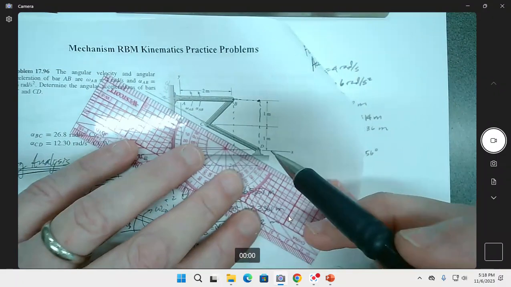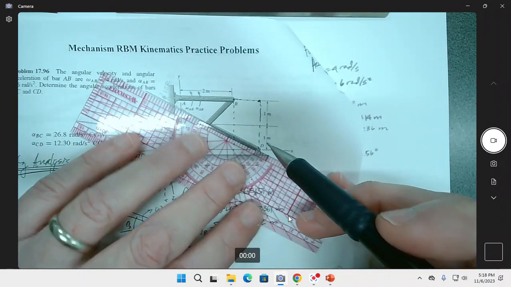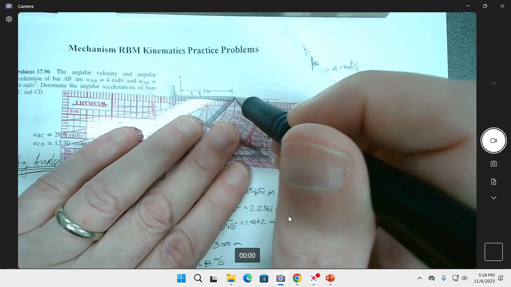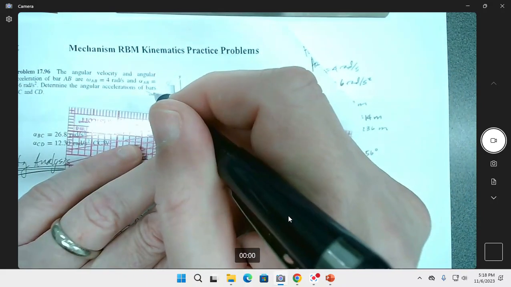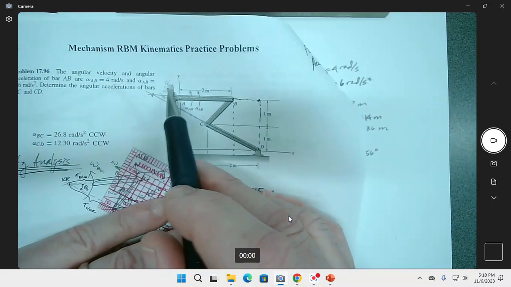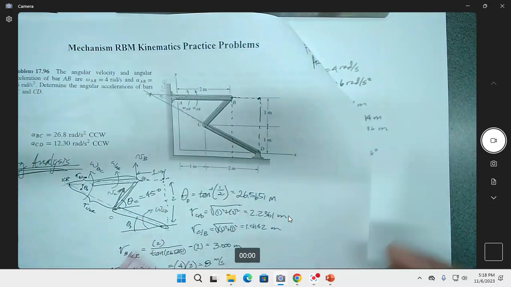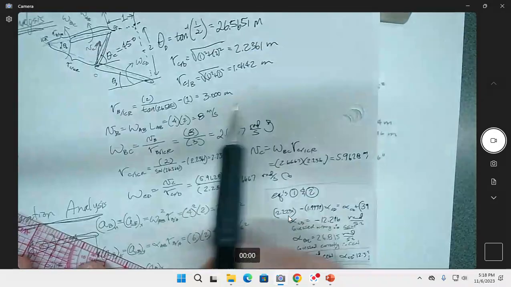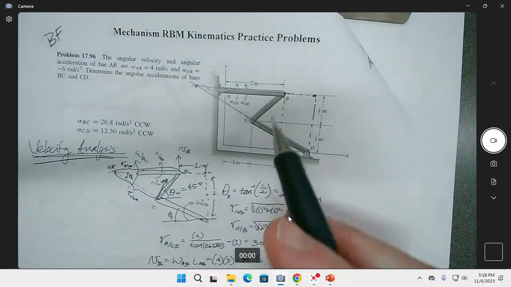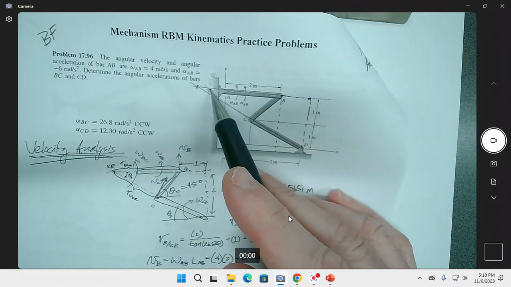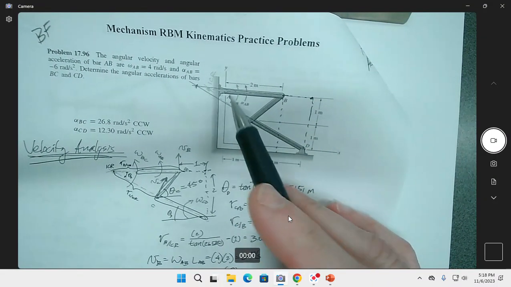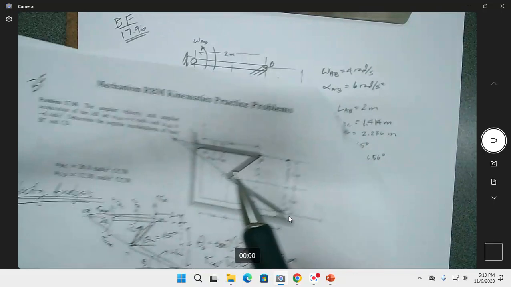But if you were to use your straight edge, you can see that it's actually longer. The ICR actually comes out over here. I did this on my iPad originally, so I didn't have a straight edge when doing the thing. But that's where your ICR is, right?